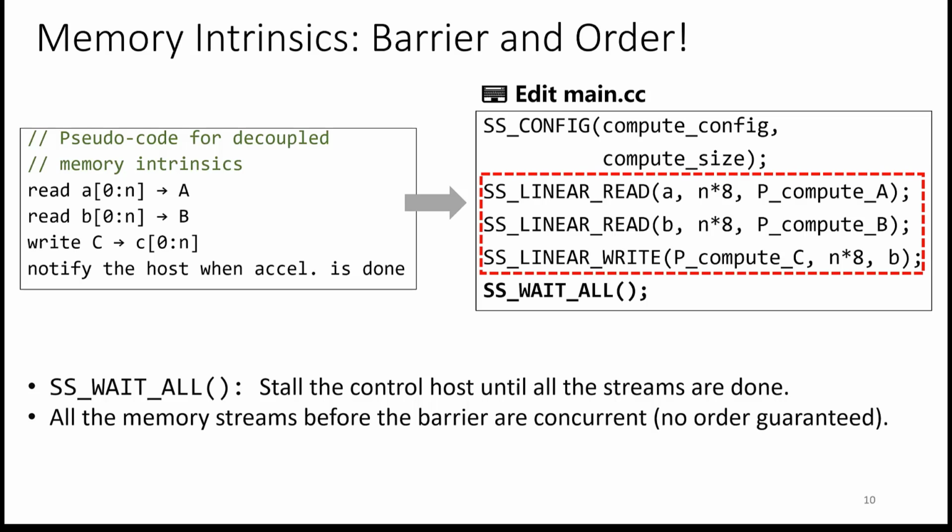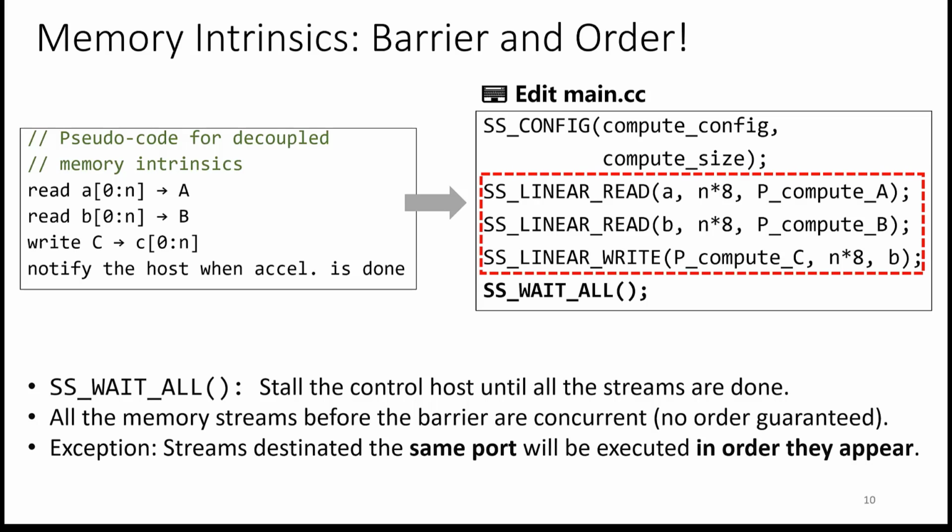Theoretically, you can exchange the order of intrinsics A, B, and C, and they should be semantically equivalent. There's one exception: if you instantiate two memory accesses designated to the same port, they will be executed in the order they appear in the instructions. Later I will give you an example for this.